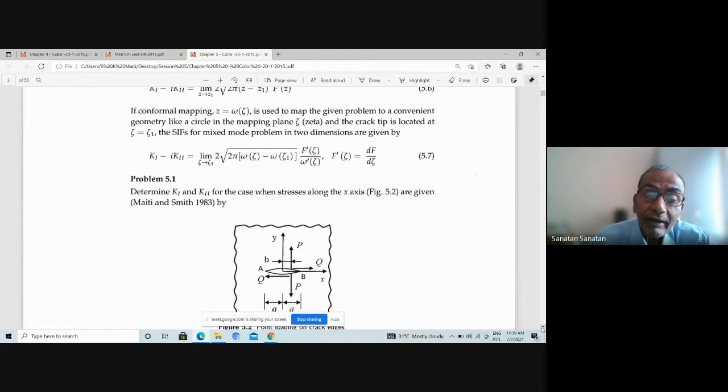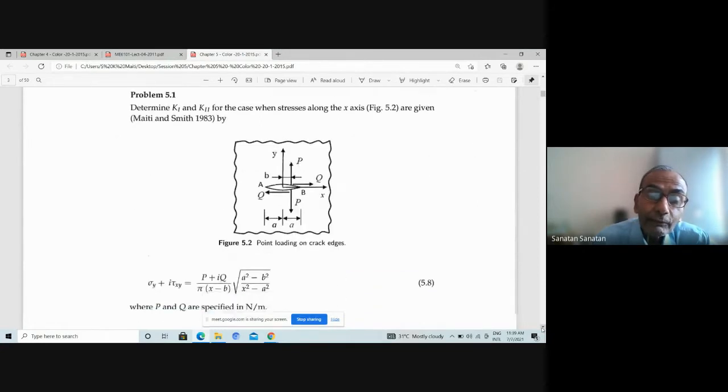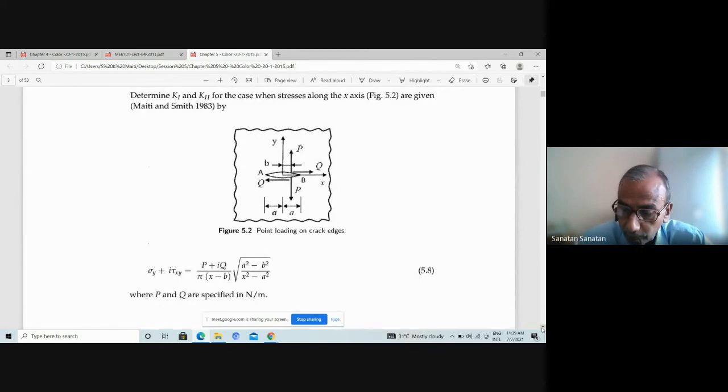And if you have the case wherein the problem is involving more than one loading and it is of this type, crack face loading. In fact, this sort of loading in the case of rivet holes, rivets etc. in a plate, it will be quite common. Your loading then, in that case, the crack is let's say oriented in the x-axis and it is spreading from A to B, and the loading is there on the crack faces, where P and Q are concentrated loads at a fixed distance from the center.